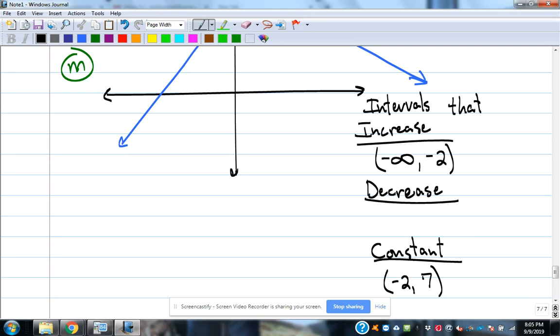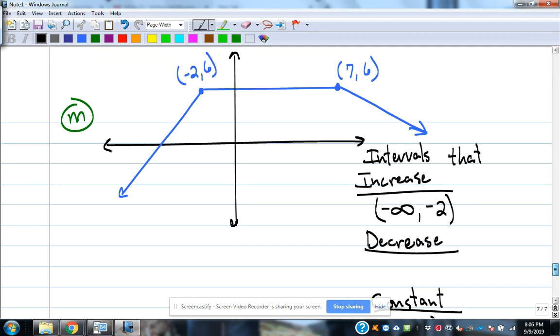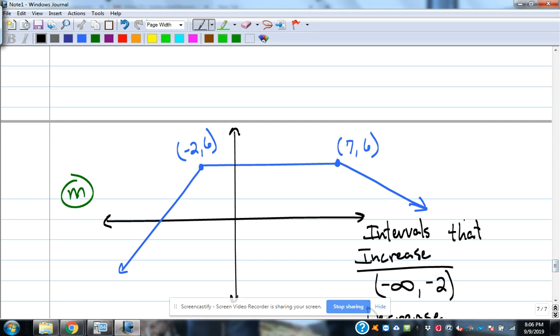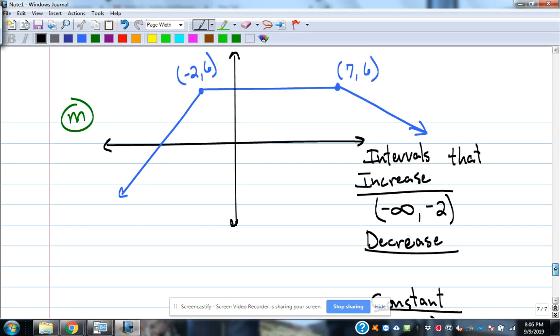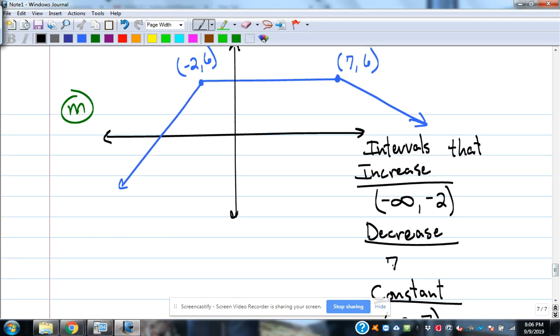Can't tell. It's just the point where it changed direction. So we're always going to use parentheses on the intervals of increase, decrease, and constant. And then at 7, the graph starts going down and to the right. So that's an interval of decrease. So 7 to where? Positive infinity.